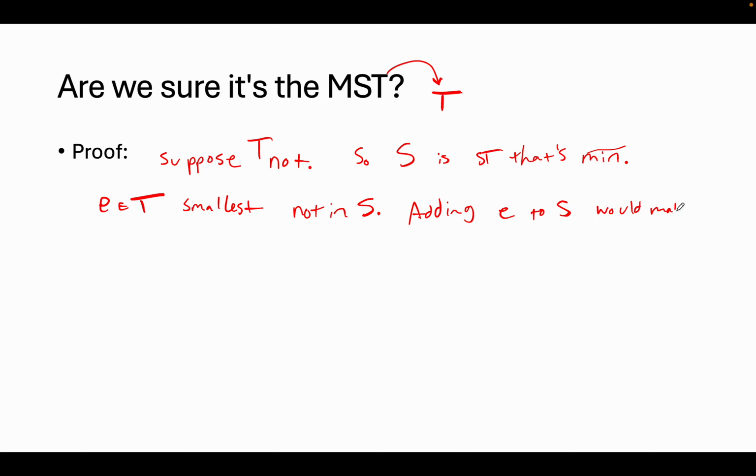And so that means that there's some other edge in that cycle that is in S that's not in T. So if we had some edge E, there has to also be some edge we can call E prime in this cycle, where one of them is in T and the other is not in T.